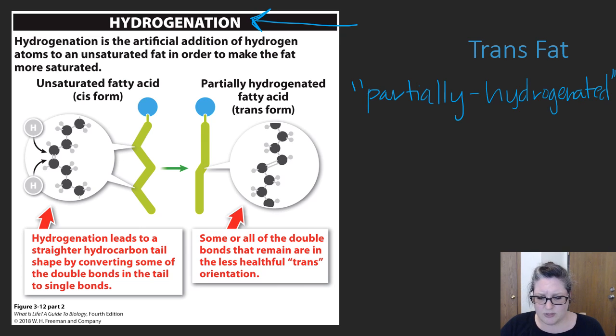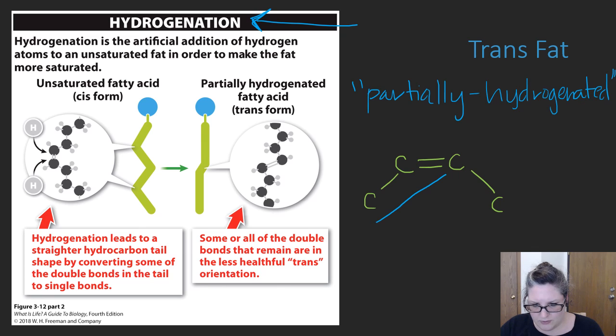Take a look at the image on the left. So remember how we have our carbon-carbon double bond, and it makes these kinks like this that have an angle here. Well, trans fat does something different.